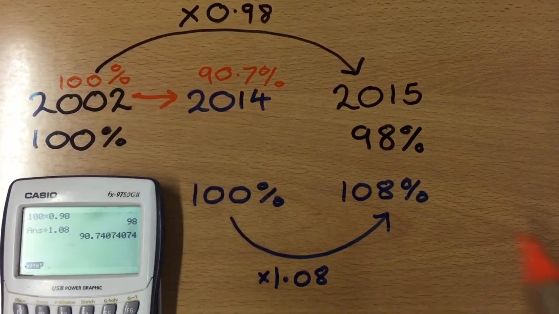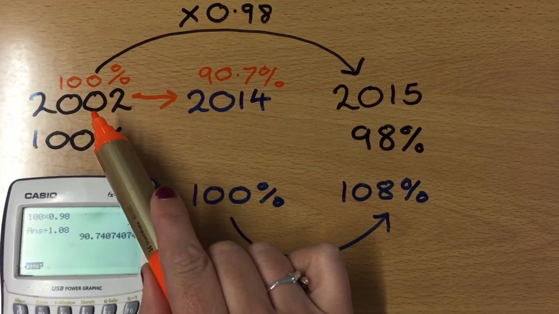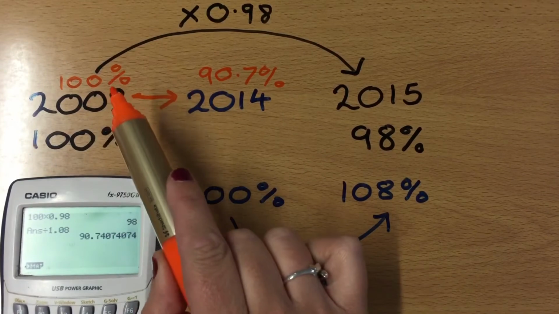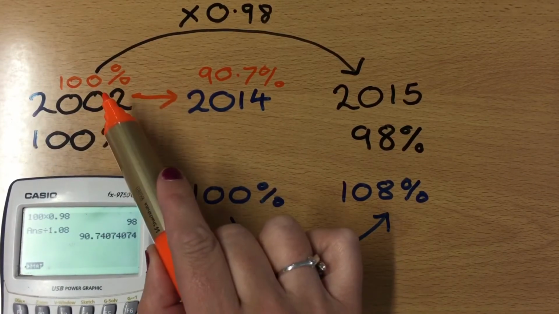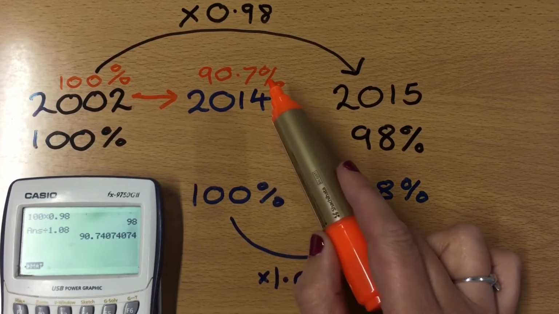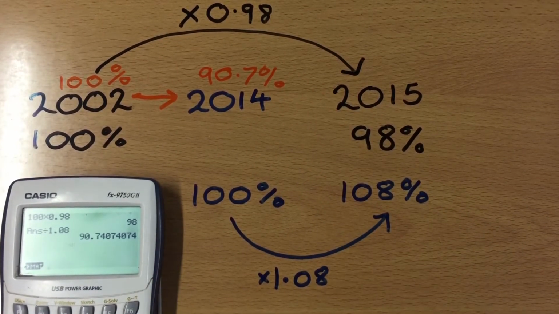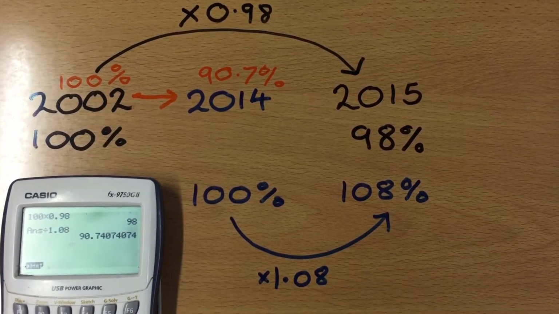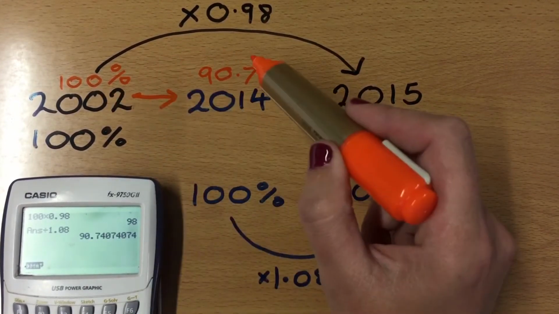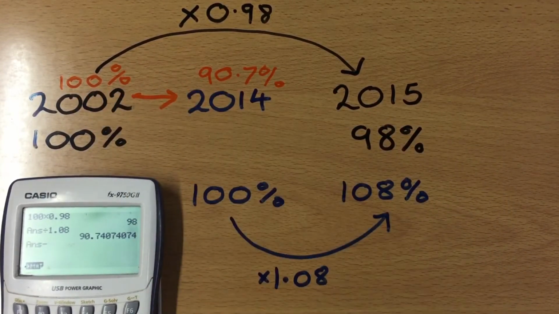So, the percentage change from 2002 to 2014, it's gone from 100% down to 90%. So, percentage change, it's going to go down.